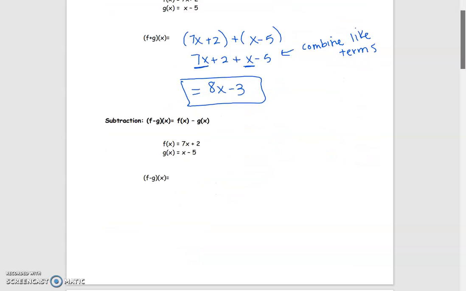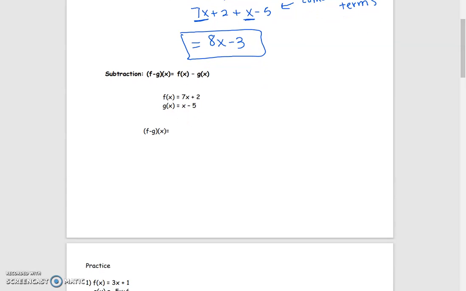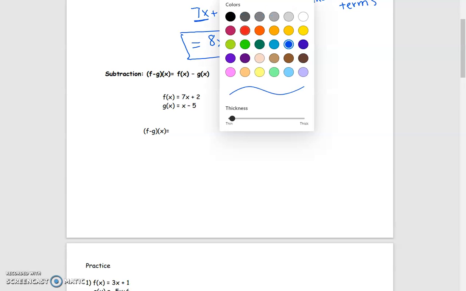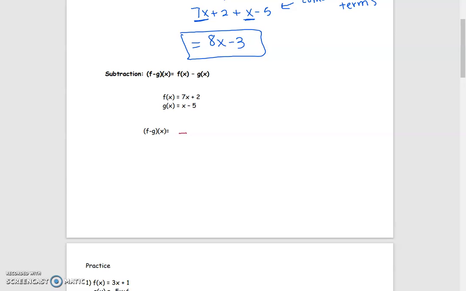So with subtraction, we do need to distribute that negative. So here's what it's going to look like. Let me get a different color here. We're going to take our f minus our g. We've got to watch the order here, and we're going to put f first. So 7x plus 2 minus, and then our g, x minus 5.